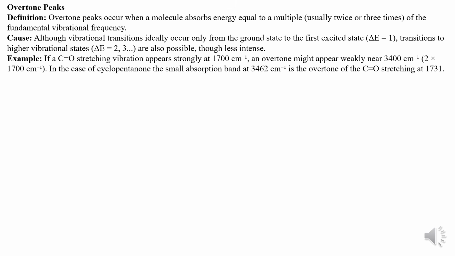Now, for example, if a carbonyl group stretches when the IR radiation impinges or strikes the double bond holding the carbon and the oxygen atom, and the carbonyl stretching vibration appears strongly at 1700 centimeter inverse, an overtone might appear weakly near 3400 centimeter inverse.